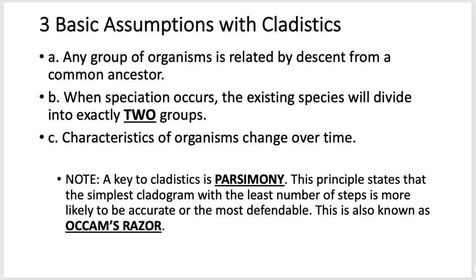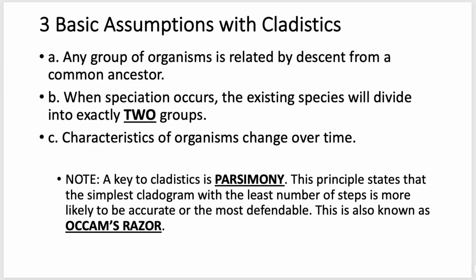So our basic assumptions with cladistics would be, one, any group of organisms is related by descent from a common ancestor. That's the obvious assumption, because if you're drawing these lines, you're assuming they come from a common ancestor. And when you do that, you might be wrong.